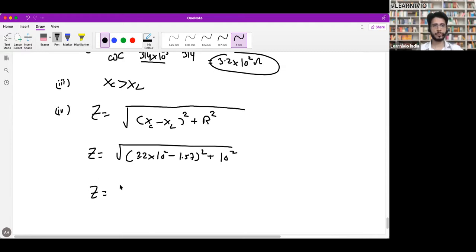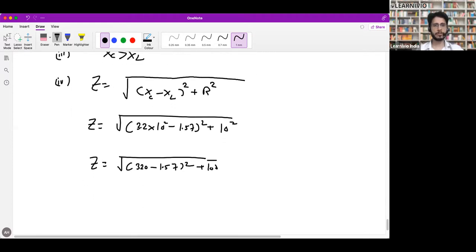So the impedance would be 320 minus 1.57, the whole square of this thing, plus 10 square, which is 100. 320 minus 1.57 is 318.43, square of it.